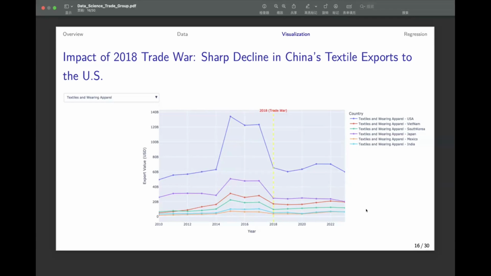As we know, electrical and machinery, along with other manufactured goods, are among China's main exports to the US. In the textile sector, the yellow vertical line marks the year 2018, which coincides with the start of the US-China trade war. We observe a significant decline in China's textile export to the US in 2018.